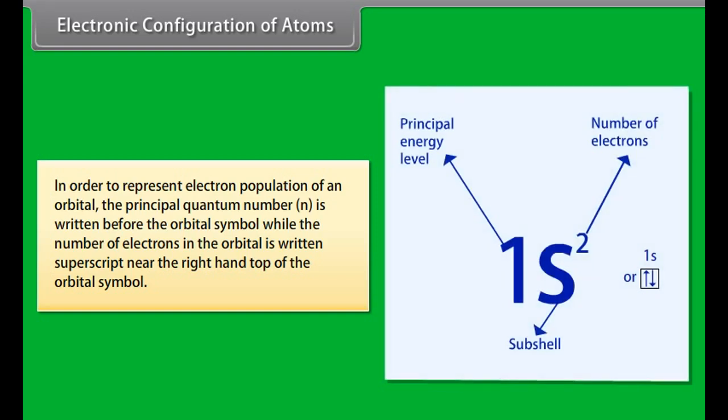Electronic configuration of atoms. In order to represent the electron population of an orbital, the principal quantum number n is written before the orbital symbol, while the number of electrons in the orbital is written as a superscript near the right-hand top of the orbital symbol. If we have 2 electrons in the s orbital of the first energy level, then it is written as 1s squared.